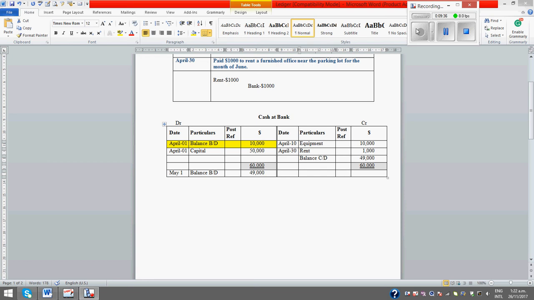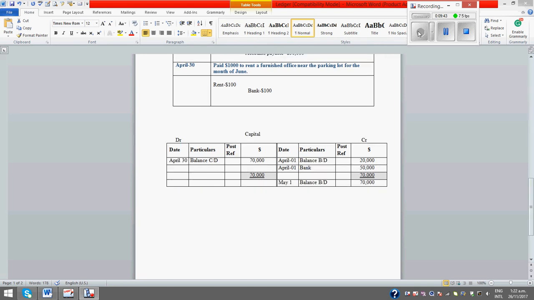So $49,000 means the business has $49,000 cash at their bank account. Capital is a credit account. So if your balance BD is 70,000 next month, it means positive 70,000. So the business got $70,000 as capital. Thank you very much.